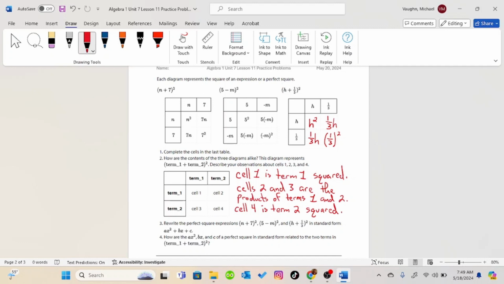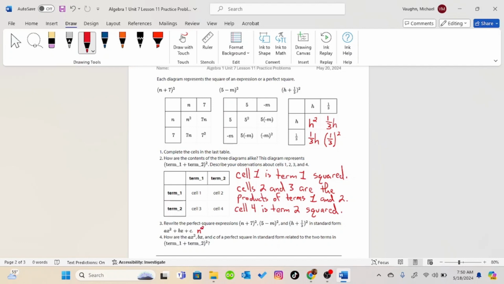Number 3, rewrite the perfect square expressions n plus 7 squared, m minus 5 squared, and h plus 1/3 squared in standard form. So for n plus 7, we're going to have term 1 squared, so that's n squared.